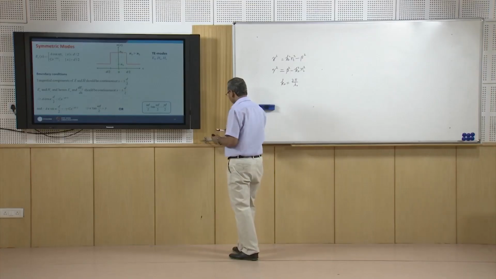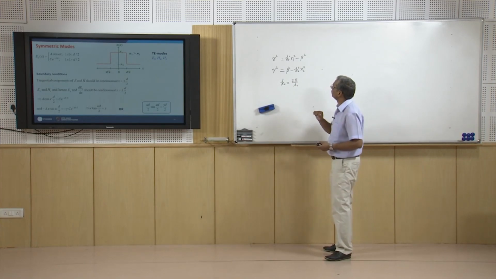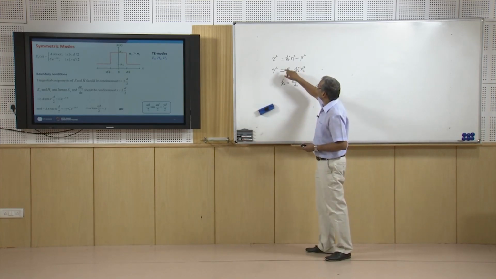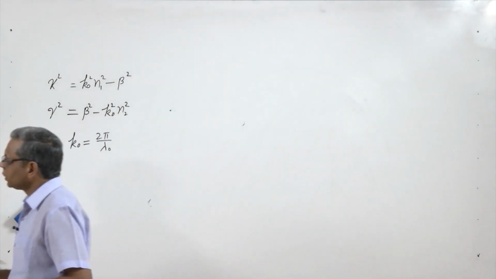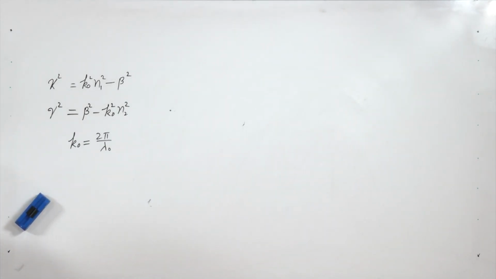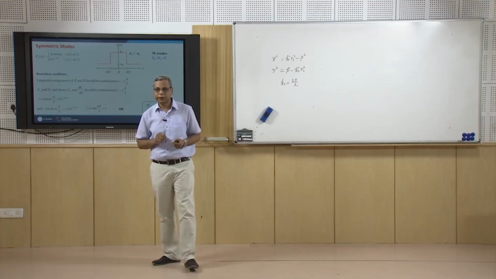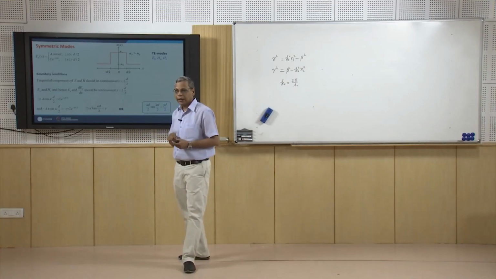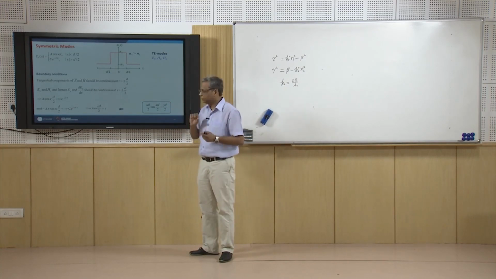So, for a given waveguide and wavelength, the only unknown in kappa and gamma is beta. So, this is nothing but a transcendental equation in beta. So, beta satisfies this equation. There are only certain values of beta which are possible, and only those values of beta that satisfy this equation are allowed.